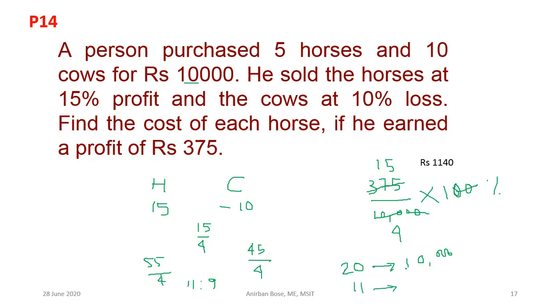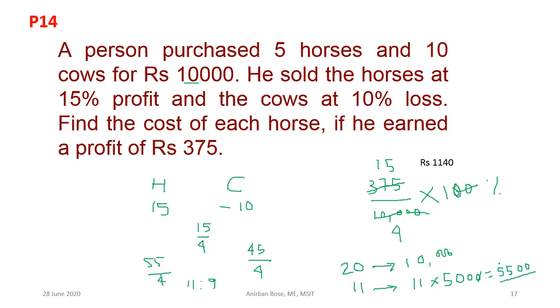So 11 corresponding to 11 into 500, so per unit it is 500. So 11 into 500, so it is 5500.